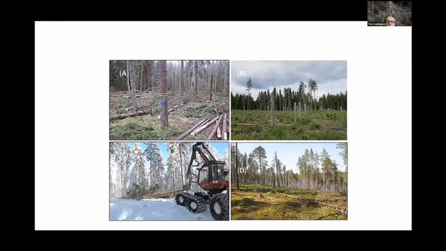So finally, these are some pictures from the experimental sites that we have. These are the early treatments, different kinds of treatments: gap scale, clear cutting, and patch scale cuttings in spruce dominated and pine dominated stands. It's around 10 years since the experiment started, so we are starting to get results from these experimental sites.